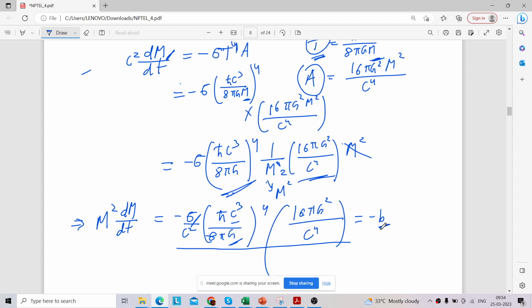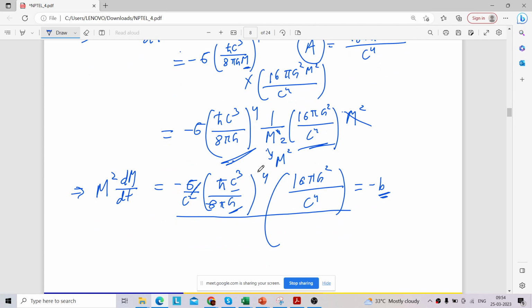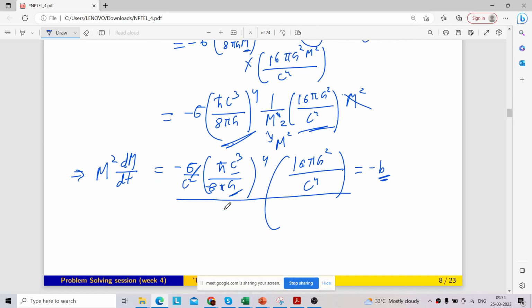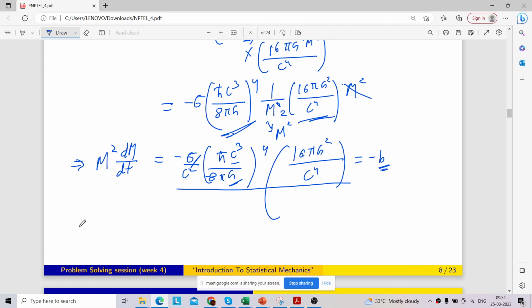Let's write this as b. So what is b? b is made up of these fundamental constants. So eventually we got an effective differential equation: m squared dm over dt is equal to minus b, right? So I can take dt to the right hand side, so I will get m squared dm equal to minus b dt, right?